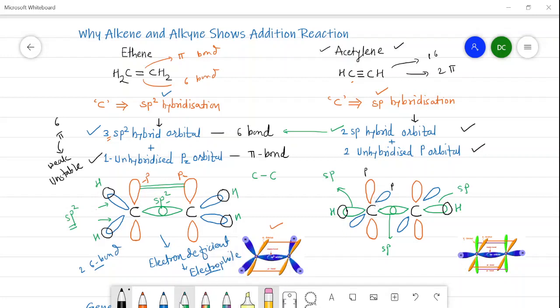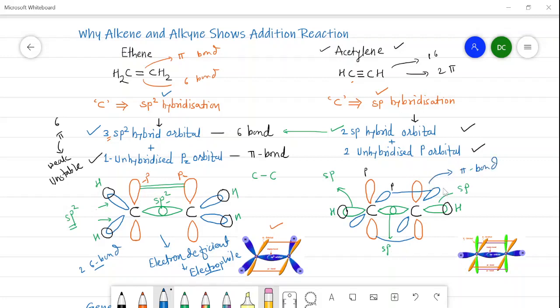Now they overlap sidewise with the other p orbitals which are present on the other carbon. So this will overlap with the p orbital which is present on this carbon, and this will overlap with this. So there is a formation of two pi bonds.